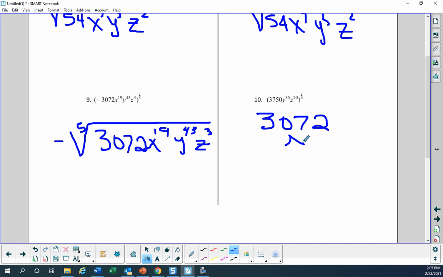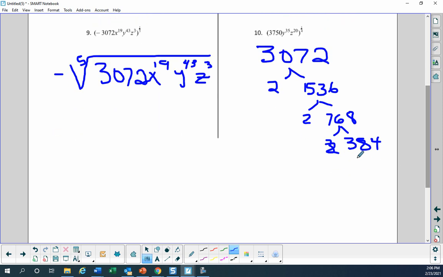So 3072 divided by 2, 1536. And then divide this by 2 again, 768. And divide it by 2 again, 384. Divided by 2 again. 192.